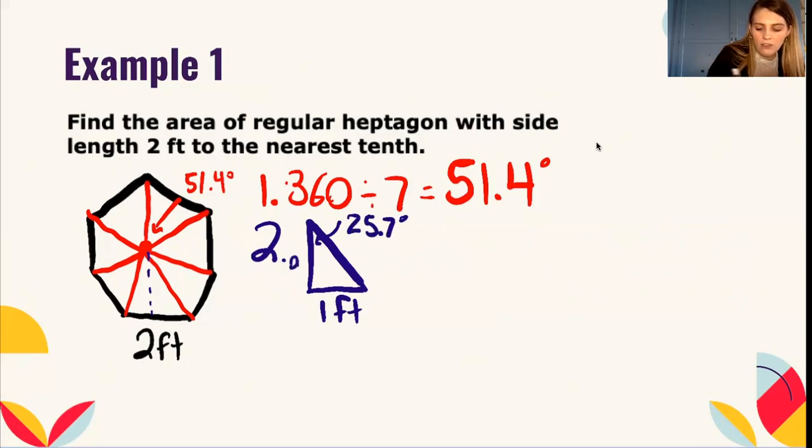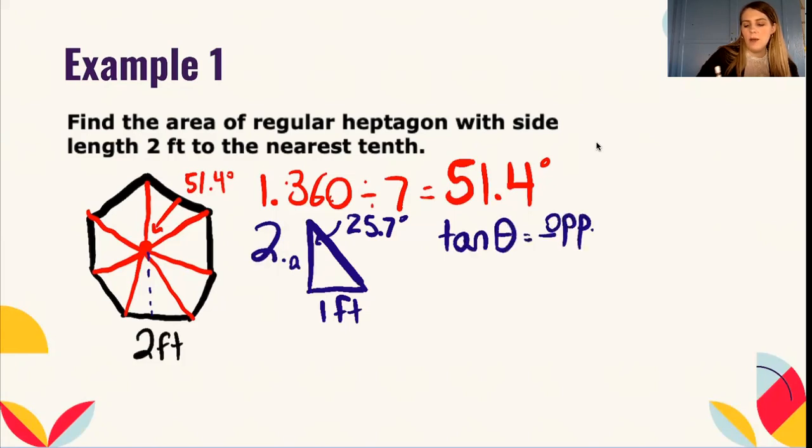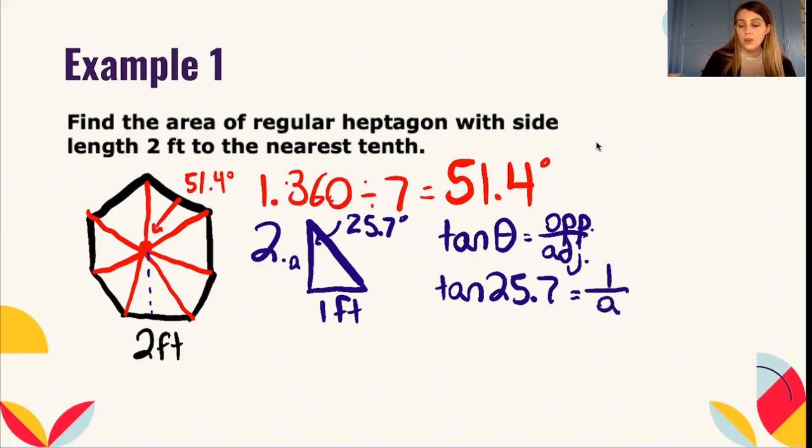I want to solve for the apothem, for that straight up and down height. So I'm going to use my tan function to do it. So remember that tan of whatever angle equals opposite over adjacent. So plugging this in, I'm going to take tan and my angle 25.7 and equal it to my opposite of 1 over A. Now I'm going to solve for A. So we did these problems 2 chapters ago.